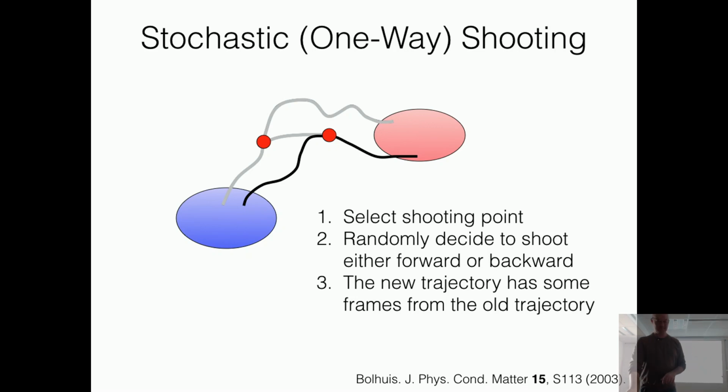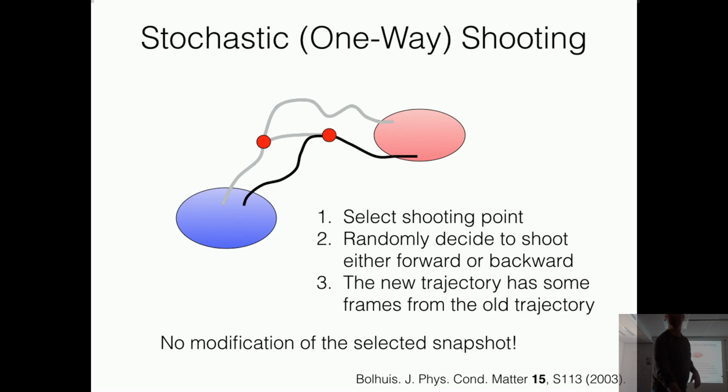If you had not done that, and you go someplace and then just take the other half, my probability of having a forward shot from here accepted is exactly the committor at this point. And so if I'm really close to the state where the committor is very low, I will have a low acceptance probability. If I'm very close to the other state, then I'll have a high acceptance probability. So for the forward, it's exactly the committor. For the reverse, it's 1 minus the committor. But yeah, in fact, this connection to the committor is used in some of the analysis that we create, which I'll come back to later.